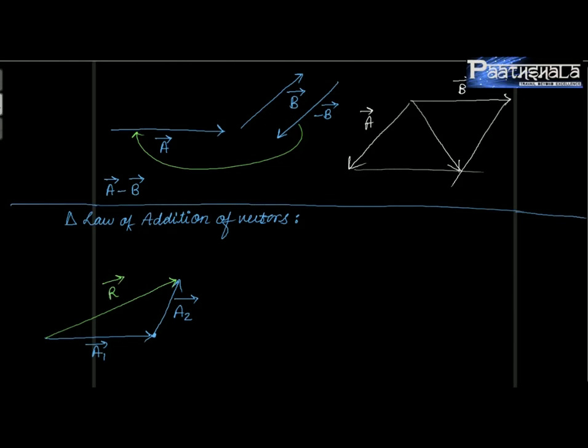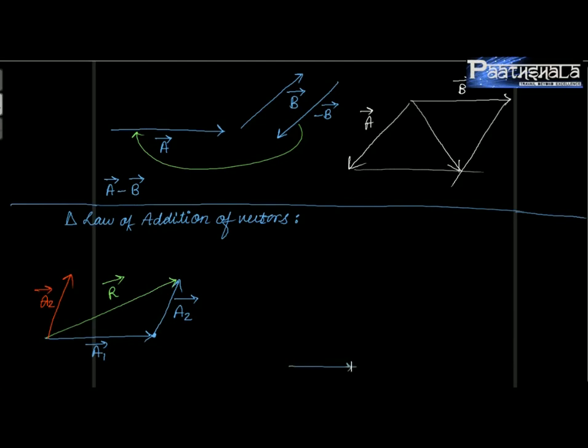This is nothing different from the parallelogram law, except in the parallelogram law we would have drawn the vector a2 here. We have parallelly translated the vector a2 and drawn it over here as the opposite side of the parallelogram that we usually complete.